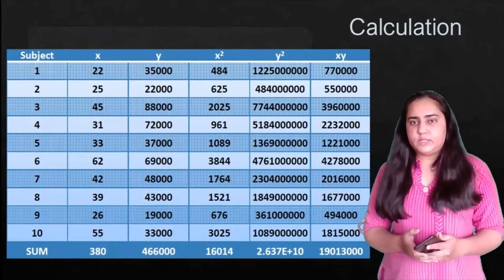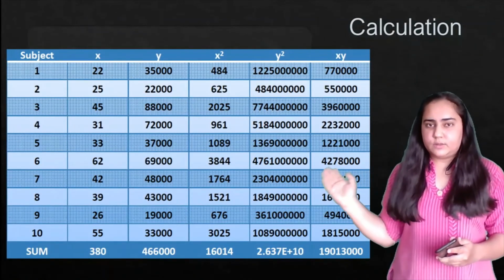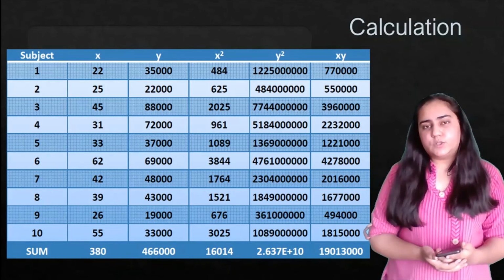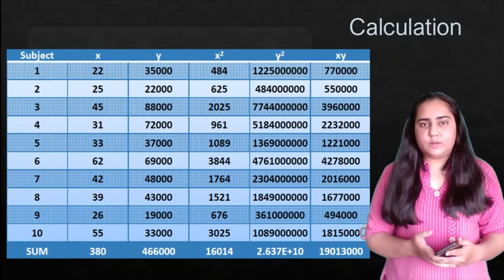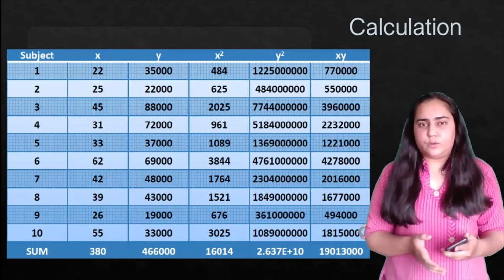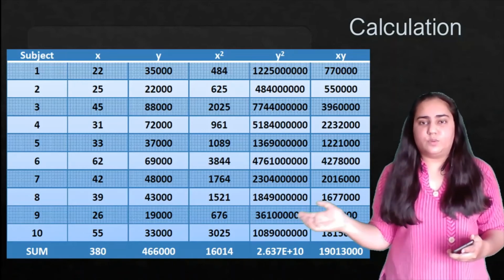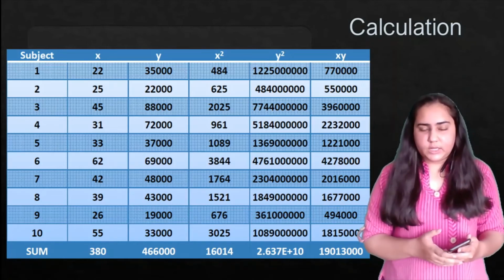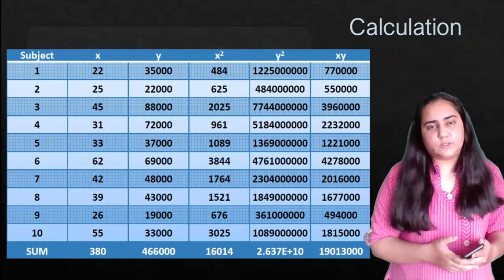Now let's calculate. For calculation purposes, you can see this table I have calculated already, and these are the answers. If you wish to calculate on your own, you could pause the video here, try to do your own calculations, and then come back and verify your answers. I'm going to just very quickly tell you what this calculation is about.